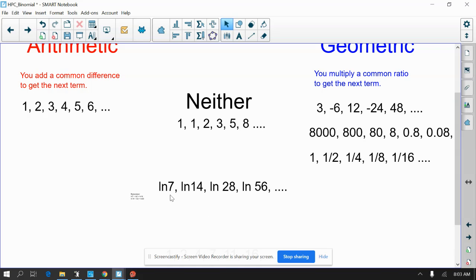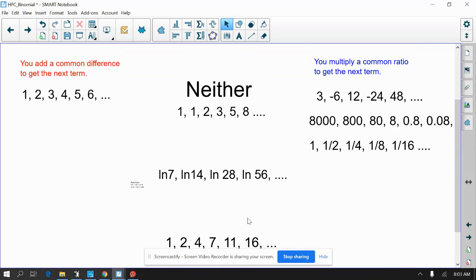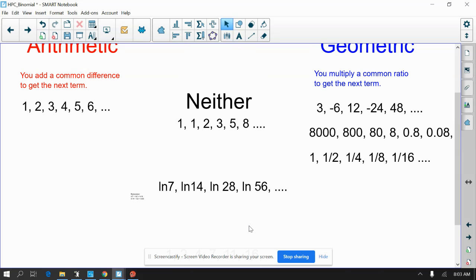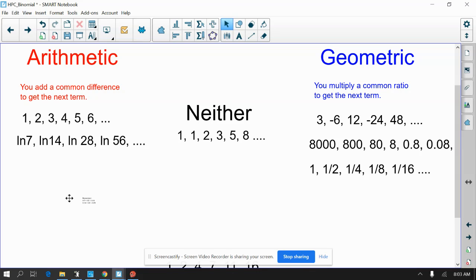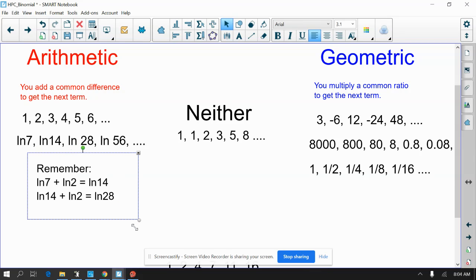This one, natural log of 7, natural log of 14, natural log of 28. I love this example when we get to this stage. This is arithmetic. Why? If you thought that, that's absolutely great.